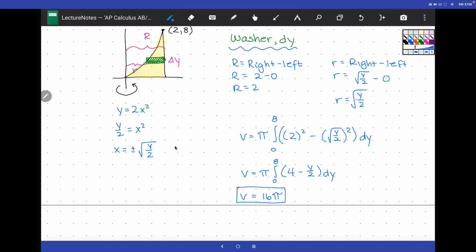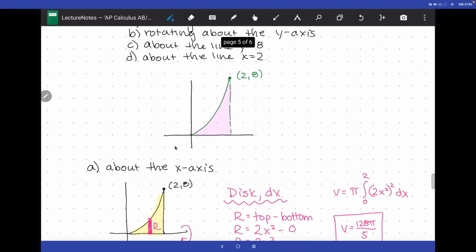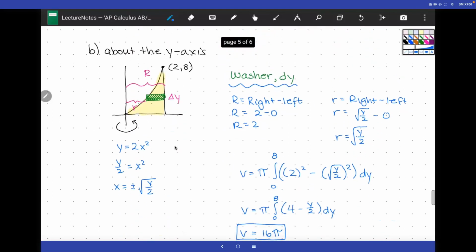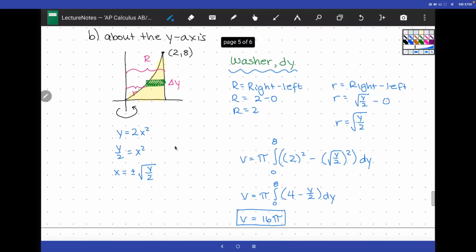Any questions? All right, let's try C. What was C? About the line y equals 8. Does anybody still need this?